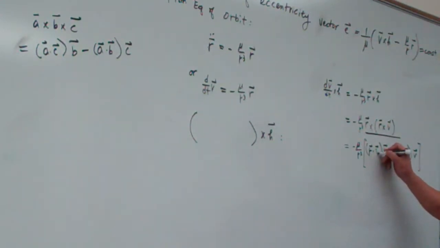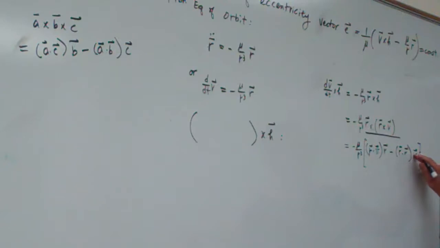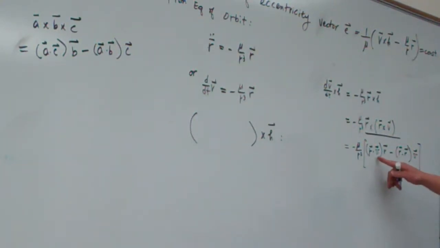Allow me to change my symbol of V, because my writing is sloppy, so that it is easier to distinguish the V.